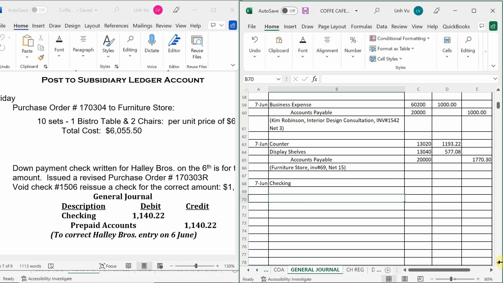Because we made a down payment. So checking 10-100, prepaid should have been 18-600. So in this case, we're going to refund it for the amount of the 11.40 and 22 cents. Okay? And of course, now I also have to write here to correct the entry on June 6th. Okay?